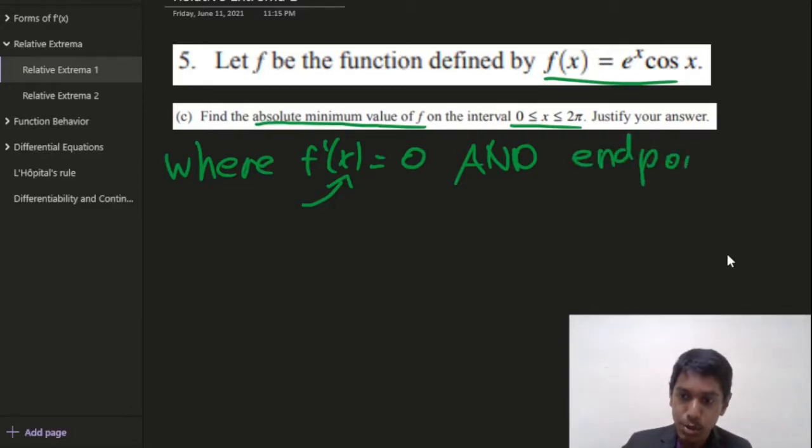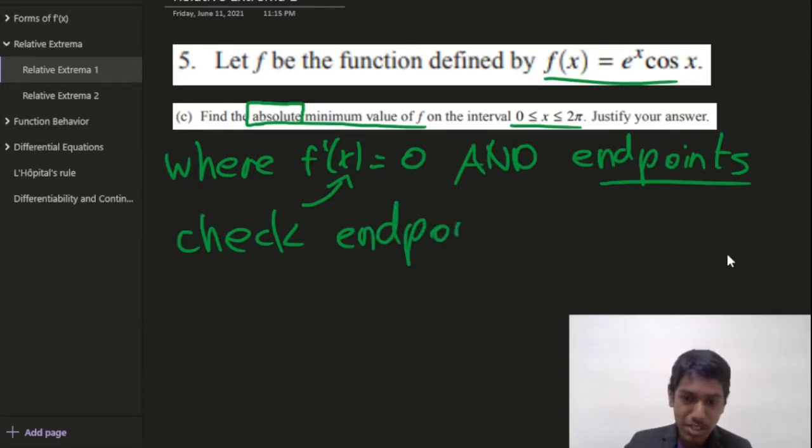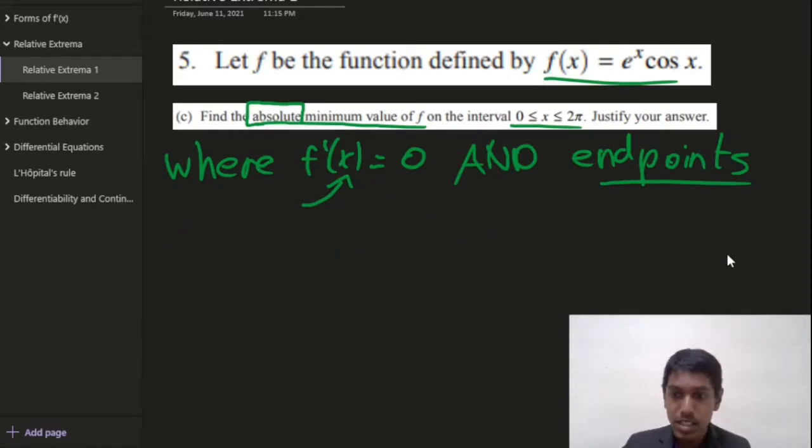It's really important that you look at the endpoints when you are finding absolute minimum or absolute maximum values. In fact, when I got used to these problems, I used to write a note to myself, check endpoints every single time I saw the word absolute minimum, absolute maximum, just so that I remember to do that, because they like to trick you on that if you don't do that.